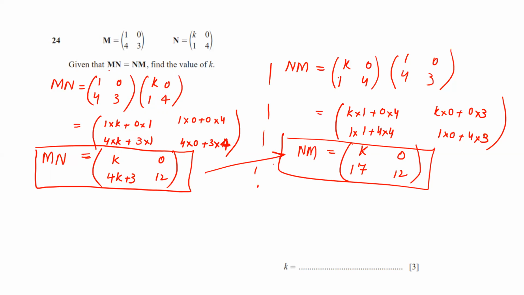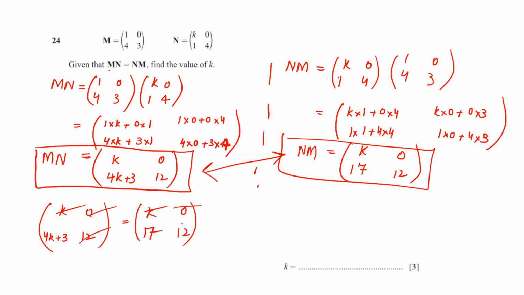They are saying that these two matrices are equal. So compare them: k, 0, 4k plus 3, 12, and k, 0, 17, 12. So we see k equals k, 0 equals 0, 12 equals 12, and 4k plus 3 is equal to 17. So you can easily find the value of k. k is 17 minus 3 divided by 4.